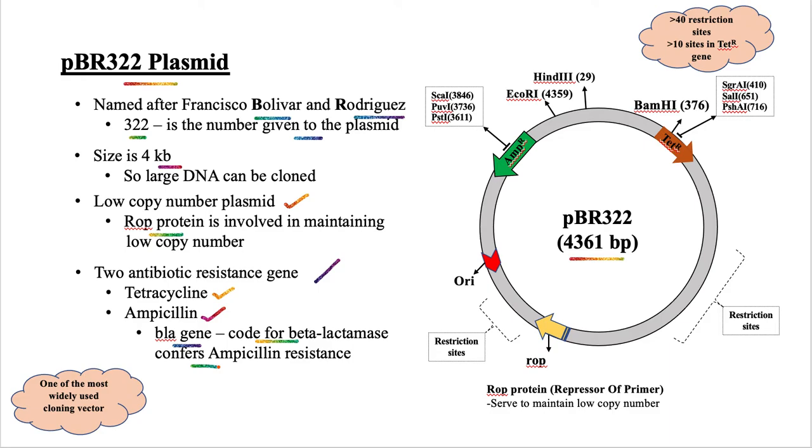That ring is broken by beta-lactamase, which is the product of the bla gene. Okay, so it is one of the most widely used cloning vectors.